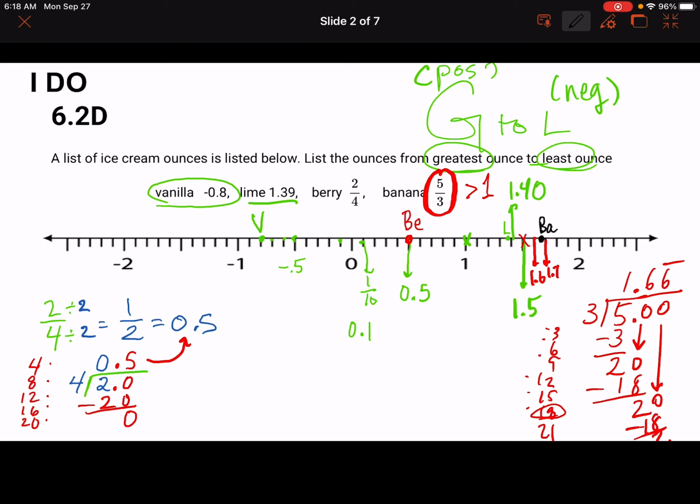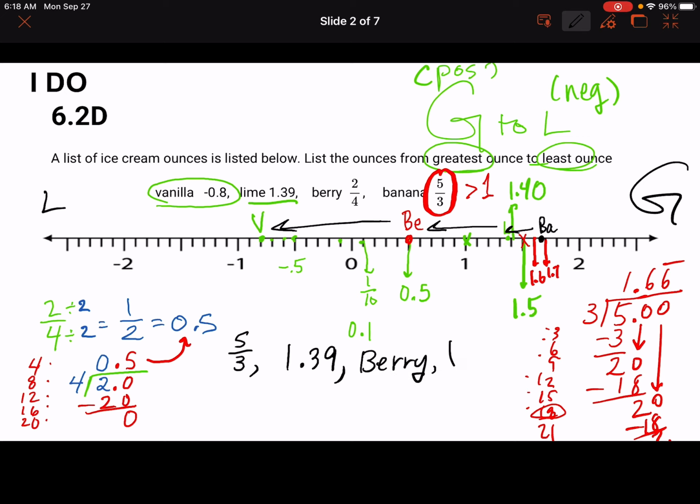So we got to order it from greatest to least, and we're going to go in that order. So we've got banana, 5/3. Then we have lime. Then we have berry.